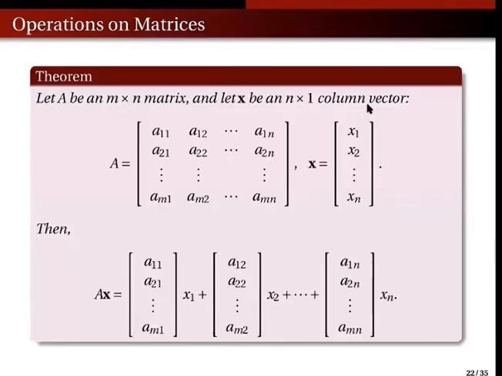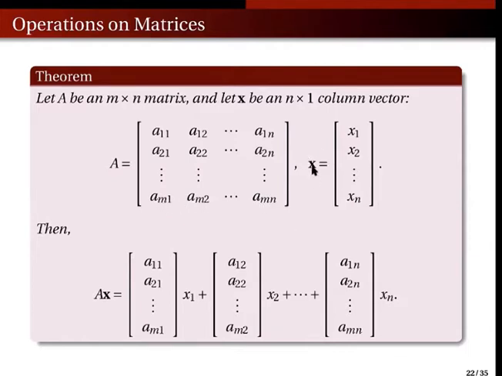So with the method of multiplication earlier discussed, let's have the following theorem. Let A be an m by n matrix and let x be an n by 1 column vector. So our A is represented this way: A11, A12 until A1n, A21, A22 until A2n, etc., until we have Am1, Am2 until Amn.